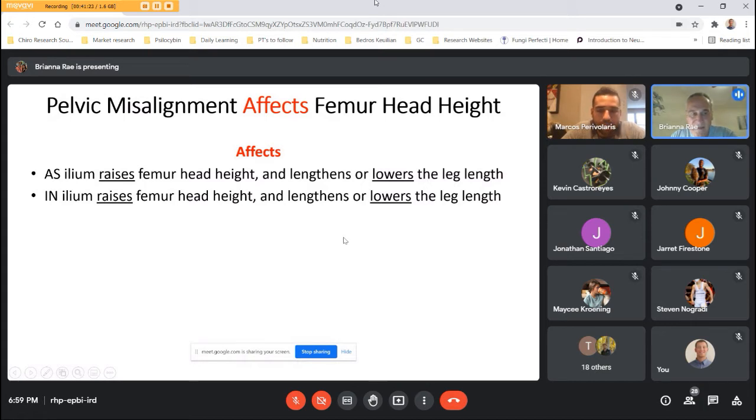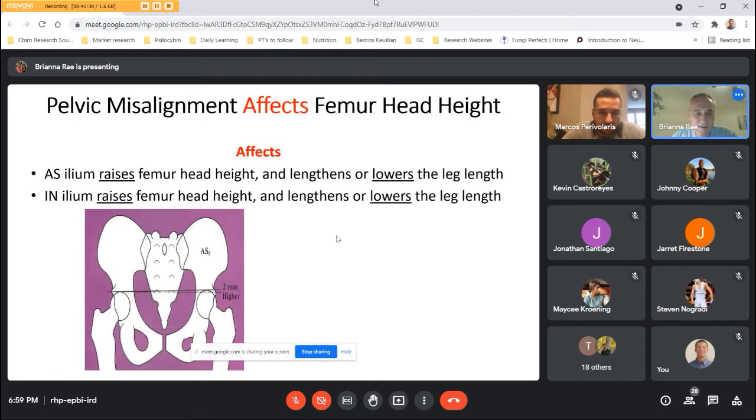ASIN both raise the femur head and then lengthen the leg length. Hopefully that makes sense to you now, and hopefully if you bring it to memorization, you'll be able to calculate half of what you need to know for ADMD.